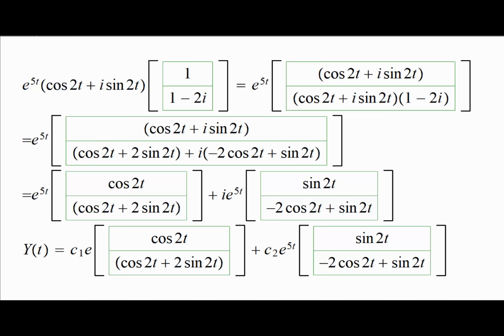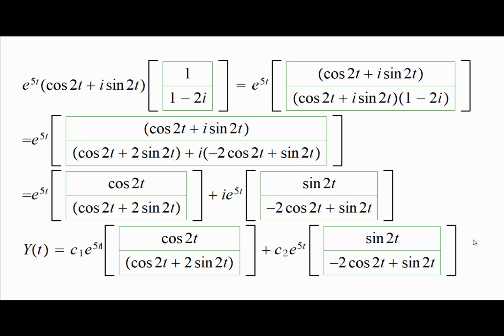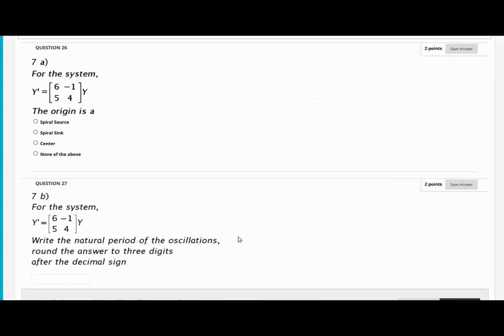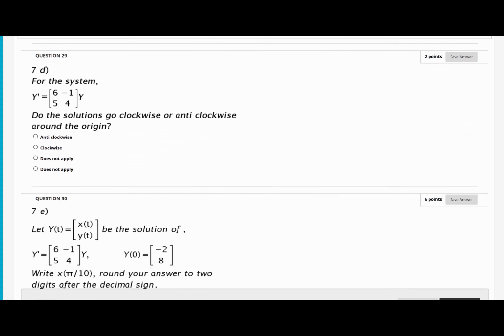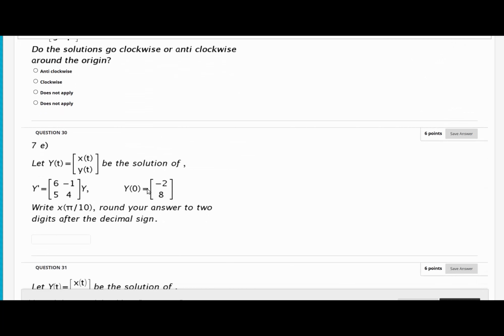So I got e to the 5t, right? Very good. Now let's recall what the initial condition was. I'll go to this, and they have given us an initial condition somewhere. Where is it? Right here. y at 0 is negative 2, 8, right?